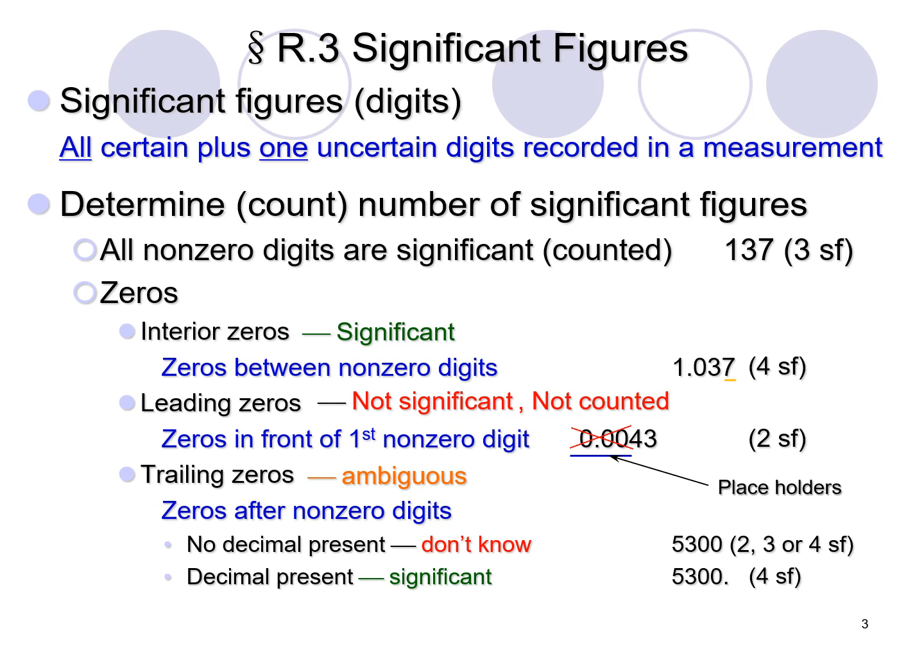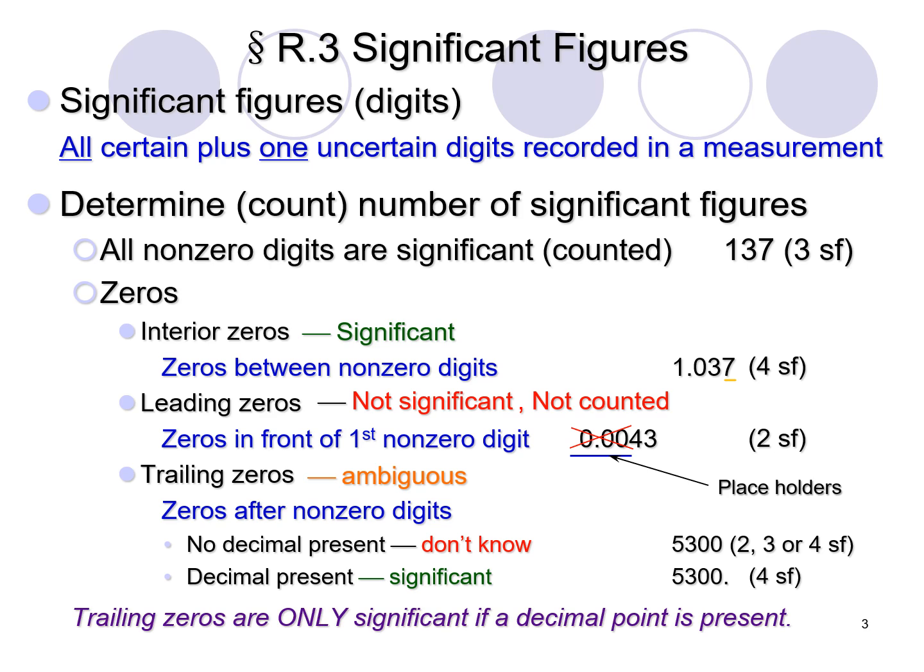As long as we see the decimal point there, all the trailing zeros, the zeros after a non-zero digit, are significant, period. No argument. So remember that statement: trailing zeros are only significant when a decimal point is present.